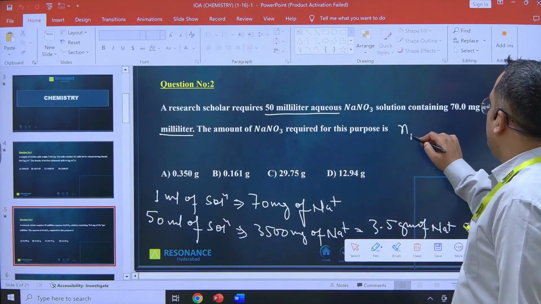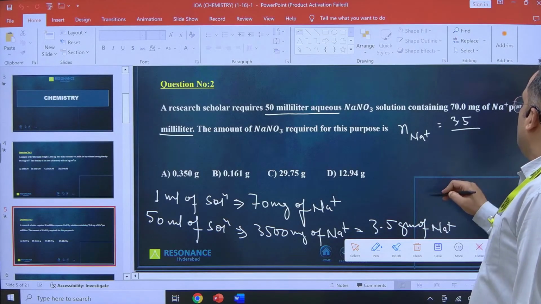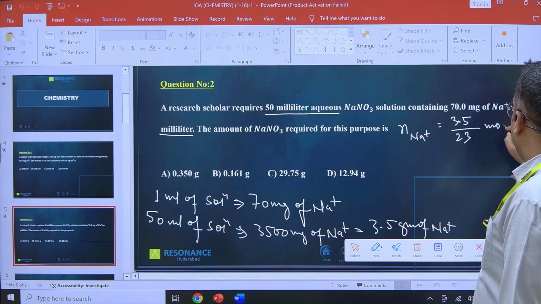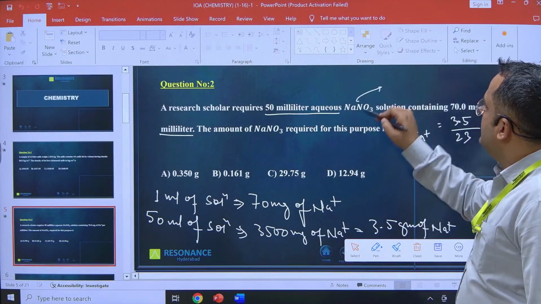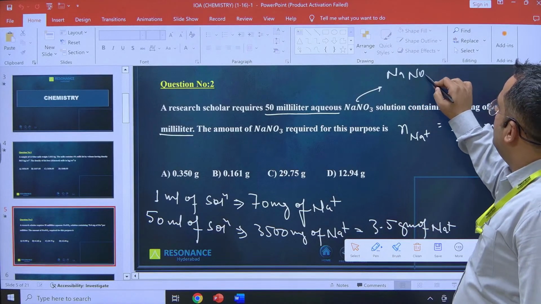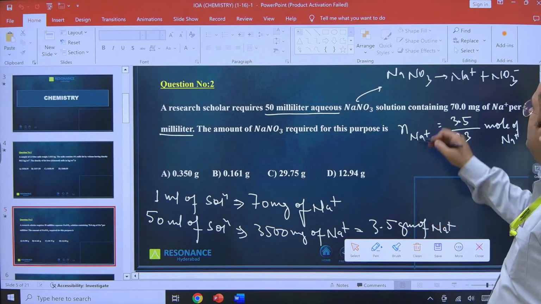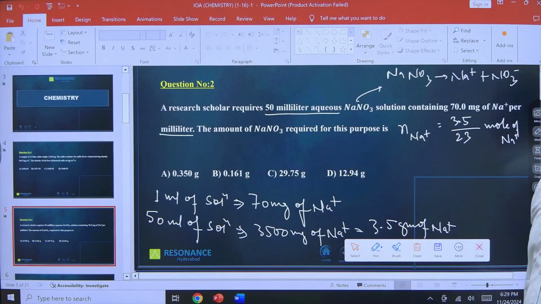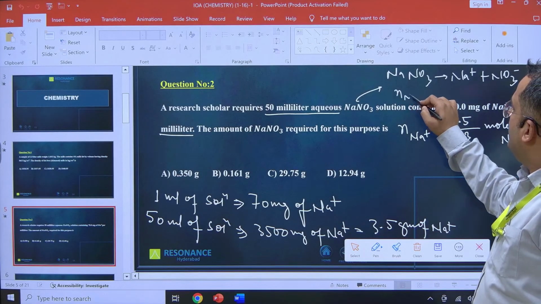So for mole of Na plus, we all know weight is 3.5 gram and the molar mass of Na plus is 23. This is the mole of Na plus. And if we see here the formula of NaNO3, if we dissociate NaNO3, it will give Na plus plus NO3 minus. Means 1 mole of NaNO3 gives 1 mole of Na plus. Okay. So we can write here mole of NaNO3.